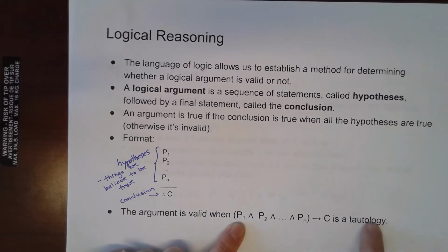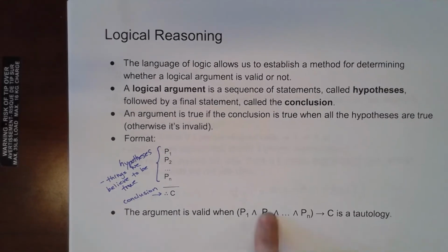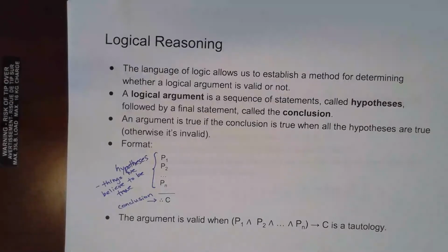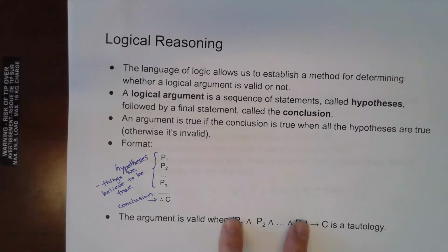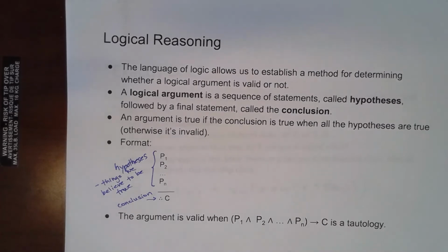So if it's a tautology, if it's always true, then I know it's a valid argument. But if it's false sometimes, well, then it's not a valid argument, right? So I can't make this conclusion from these hypotheses if that's false sometimes. Only if it's all the time true. Then these hypotheses will definitely always lead to this conclusion. Okay, so that is an example of a valid argument.